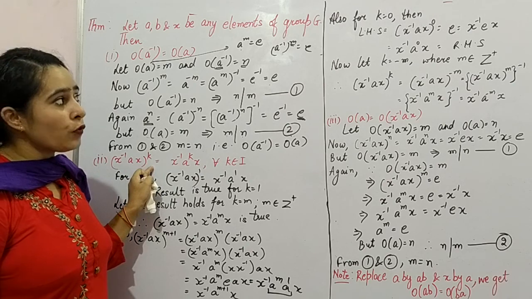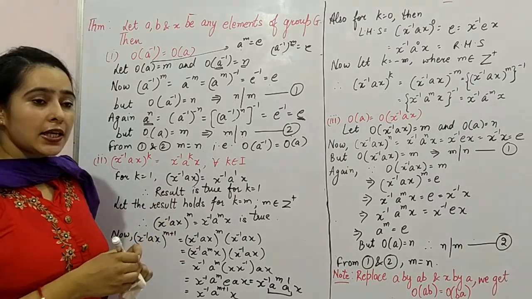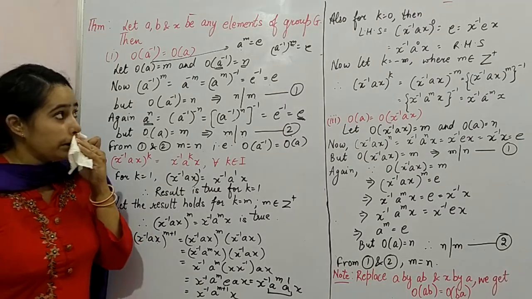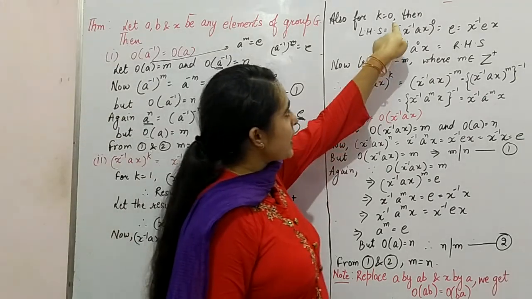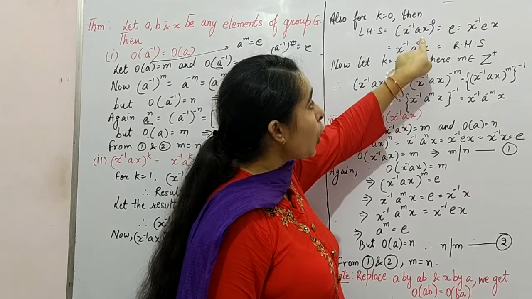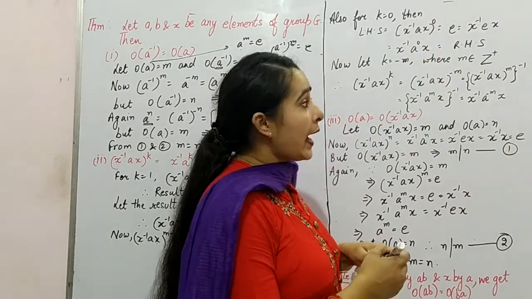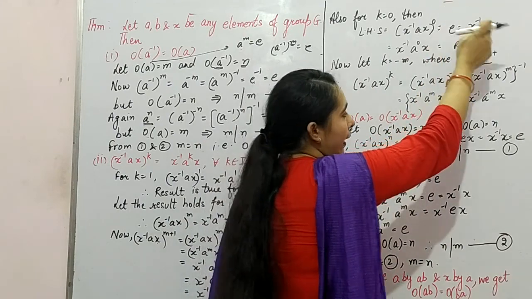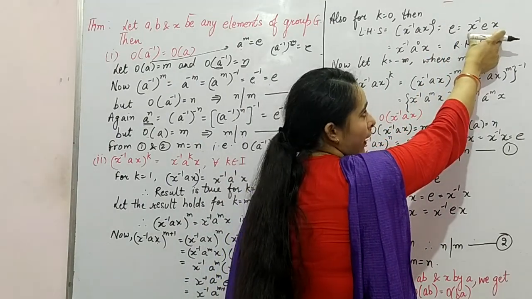Now we shall prove this result for k is equal to 0 and for k is equal to some negative integer also. For k is equal to 0, now put k is equal to 0. Anything raised to the power 0 is identity. Now I can write identity like this also, right?